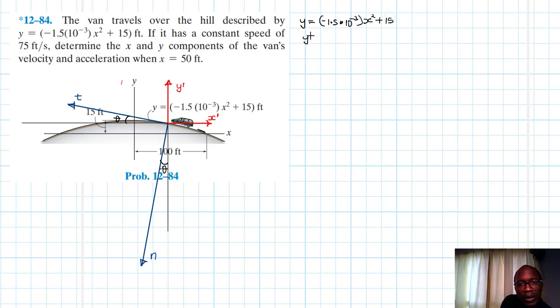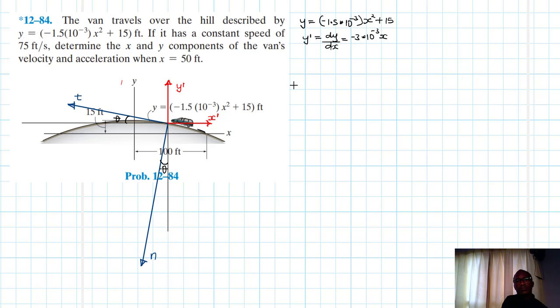And y prime, which is dy dx, is equal to 2x times that, which becomes minus 3 by 10 to the power negative 3 x.